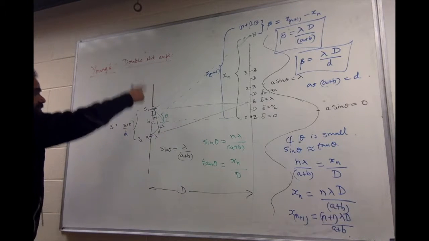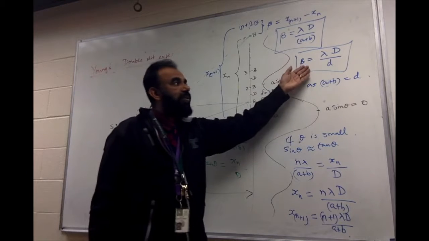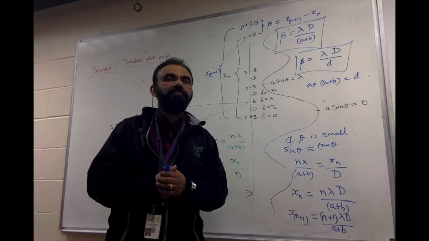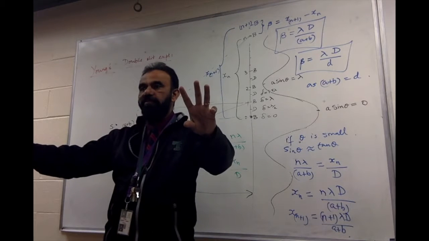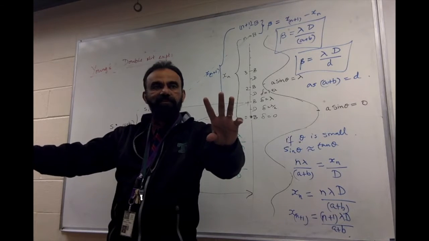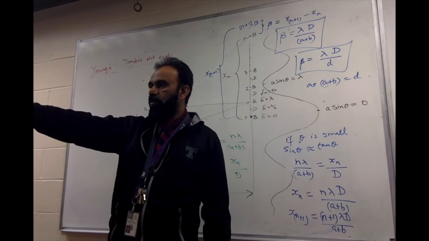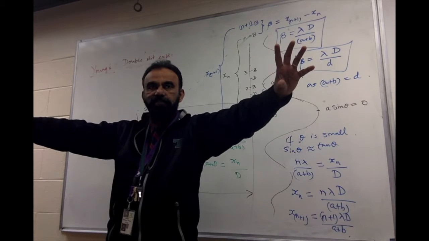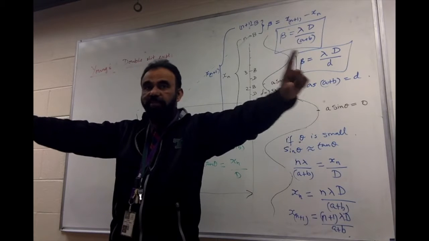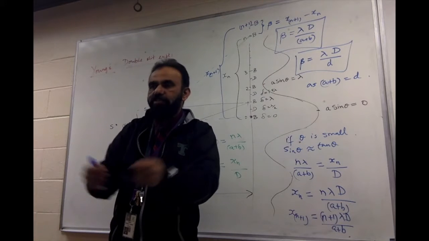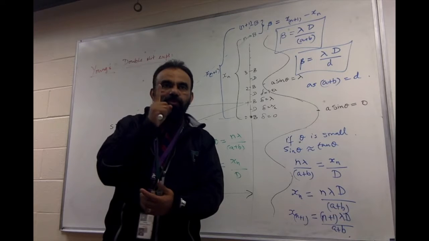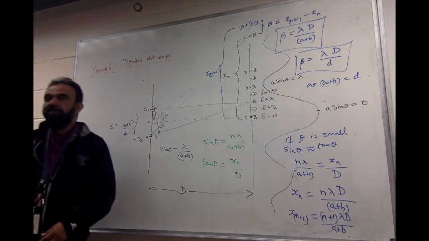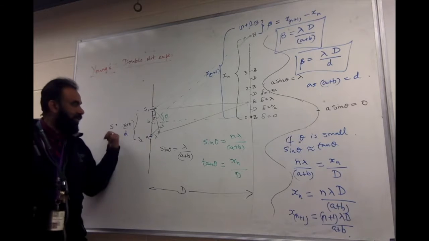Any questions on Young's double slit? Now this can be applied even for not necessarily light, but sound. If I keep two speakers, one loudspeaker here and another one here, 1 meter apart, and connect both speakers to the same input source, one source. Why am I doing that?